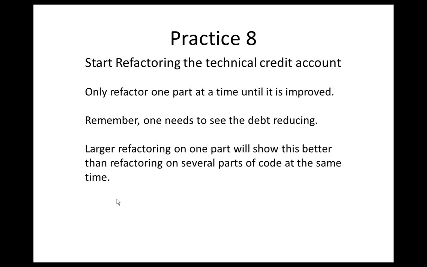Larger refactoring on one part will show this better than refactoring several parts of the code at the same time. So don't jump into thinking, I will do this module also, or this function also. At whatever level you are thinking, go one by one. Take one part, maybe one big method, or maybe a small method, and refactor that.